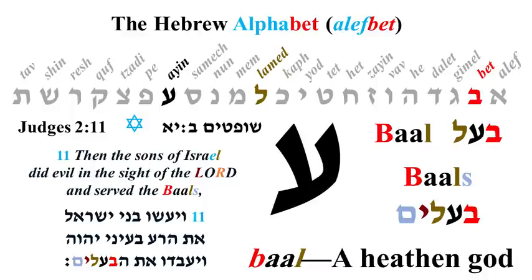This is why God keeps getting upset with the Jews, because they do stupid things like this. One day they see the Red Sea part, and the next day they're doing a golden calf. Humans. Okay, so Baal is an Ayin word.